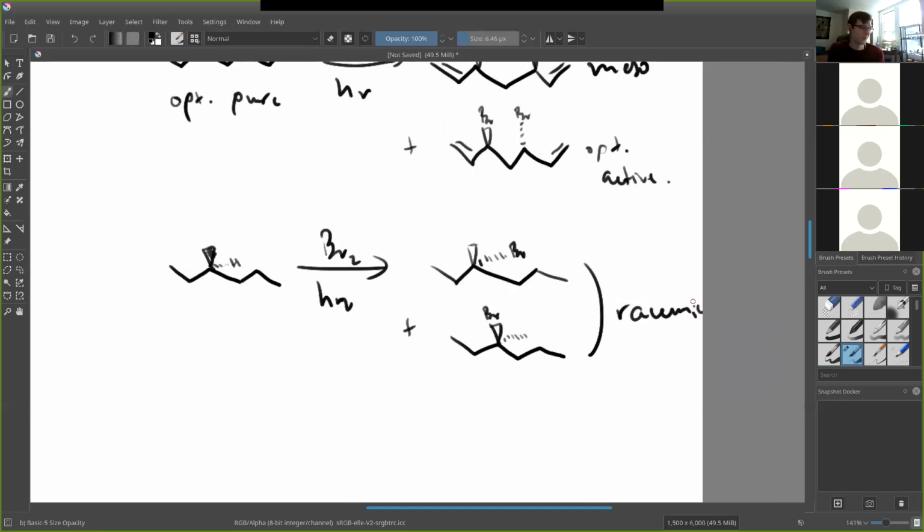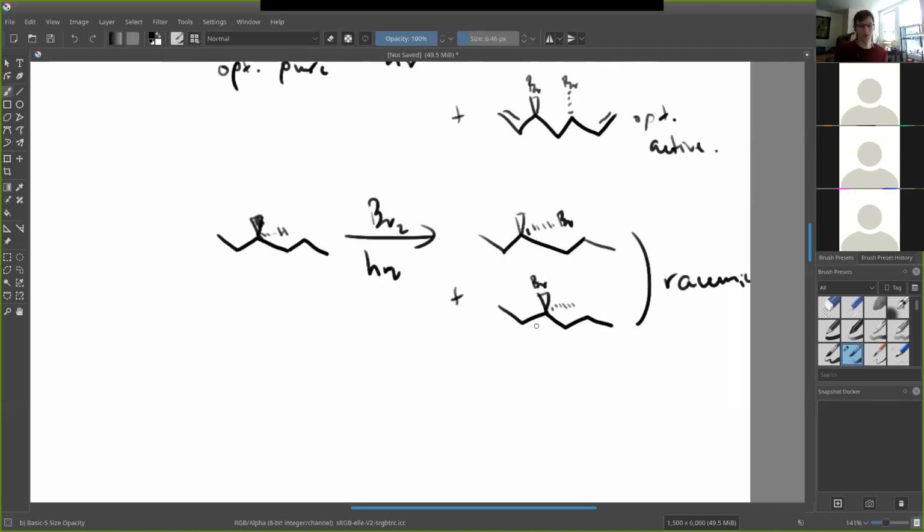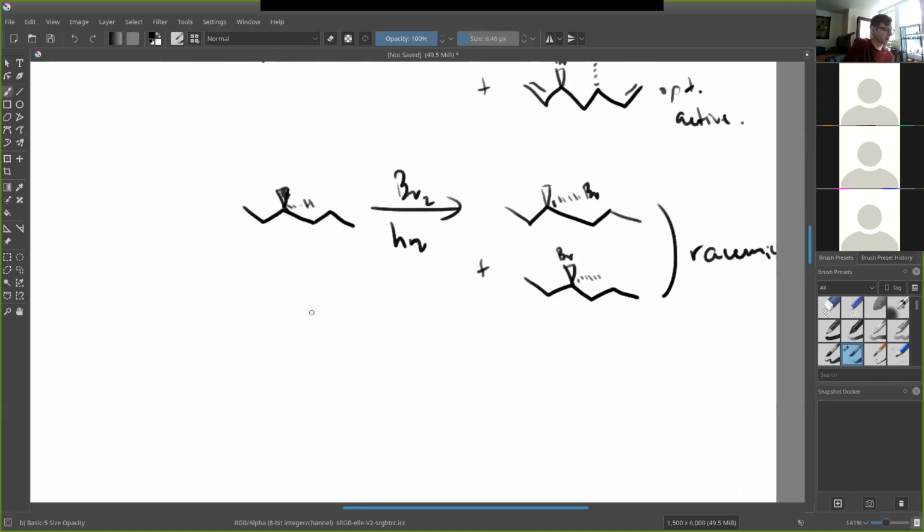Okay, just to go back to the second example that we did. The reason I brought this example up last minute is to say that the mechanism here matters. Not only are you going to have to look at stereochemistry, but you need to know how the mechanism affects the stereochemistry.